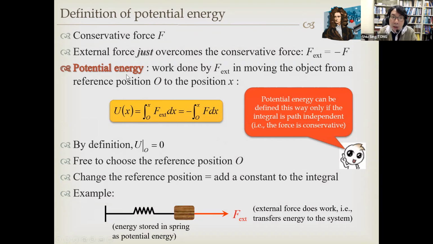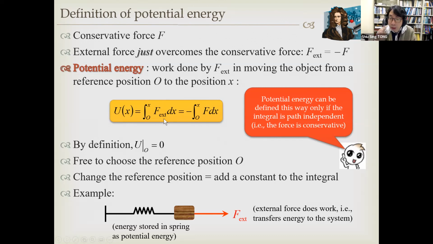And what I consider is the following. The potential energy of a certain object under a conservative force is defined by the work done by the external force in moving the object from a certain reference position O to the final position X. It is defined as the potential energy of the body at X. Now, the reference position is chosen arbitrarily.